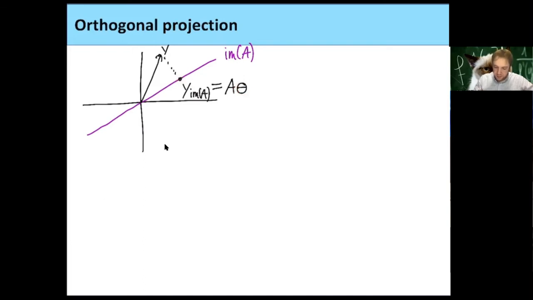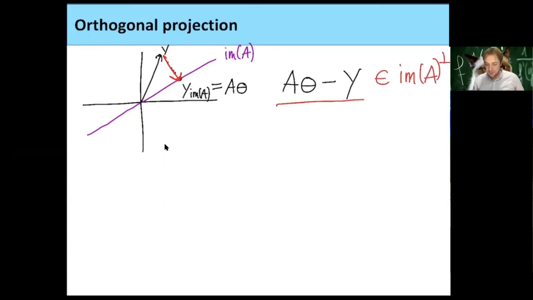And now, what if we consider this one here, A theta minus Y? Well, where is this in this picture here? This is exactly this here, right? If I take this point here and I subtract this, then I get this guy here. But this here is now in the orthogonal complement. So this is in the orthogonal complement of the image.